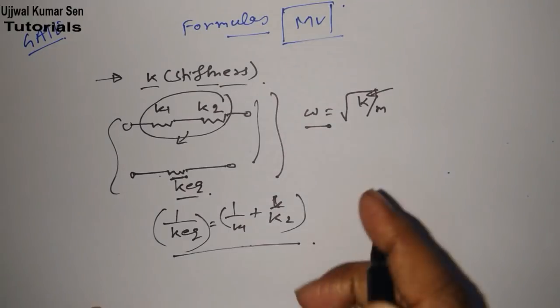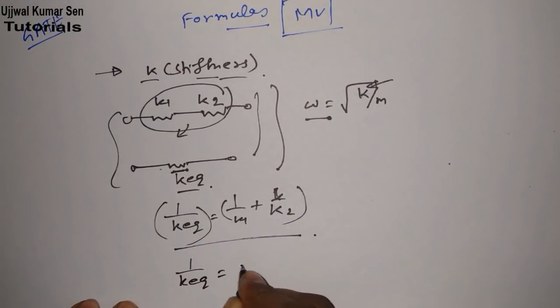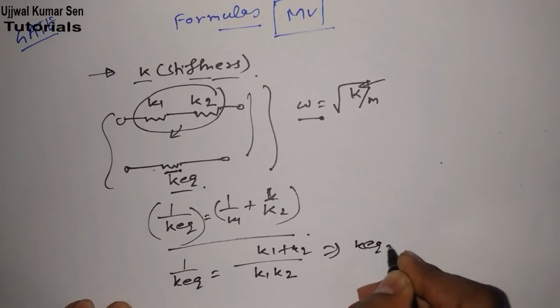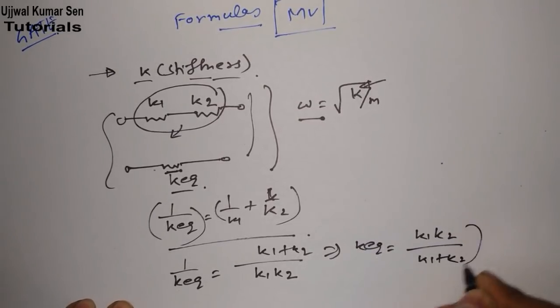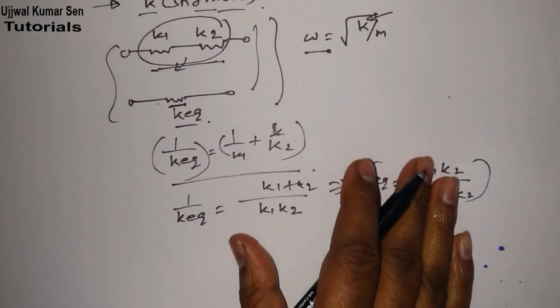So after calculation, K equivalent is equal to K1 K2 by K1 plus K2. So this is the case for stiffness in series.